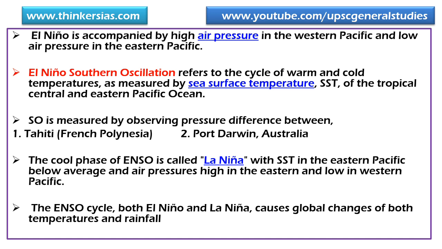The cool phase of El Nino Southern Oscillation is called La Nina. During La Nina, sea surface temperature in the eastern Pacific is below average, and air pressure is high in the eastern and low in the western Pacific. This results in above normal rainfall in India and Australia during La Nina.